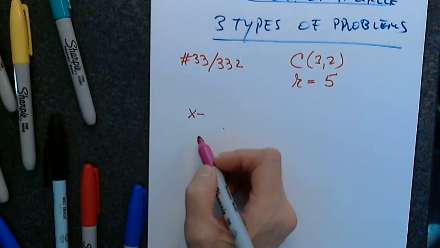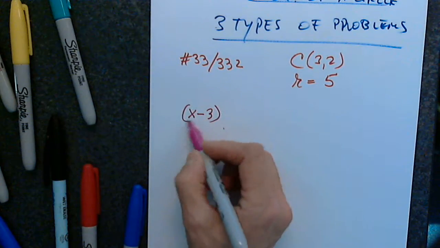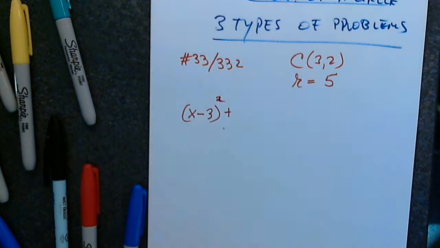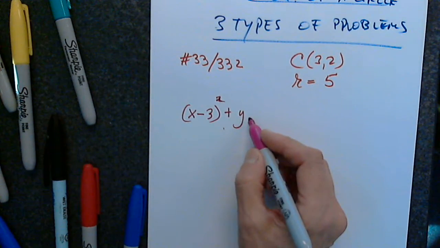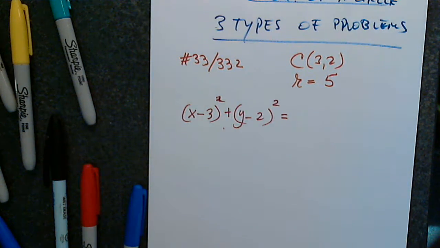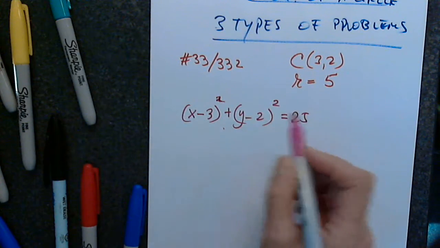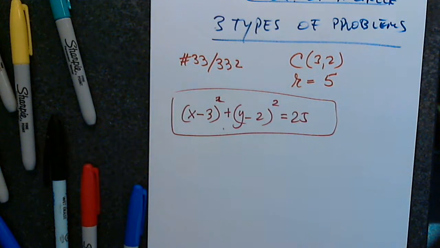X minus, very good, squared plus, yes, very good, squared equals, which is, this is the equation of the circle with center at 3, 2 and the radius of 5.